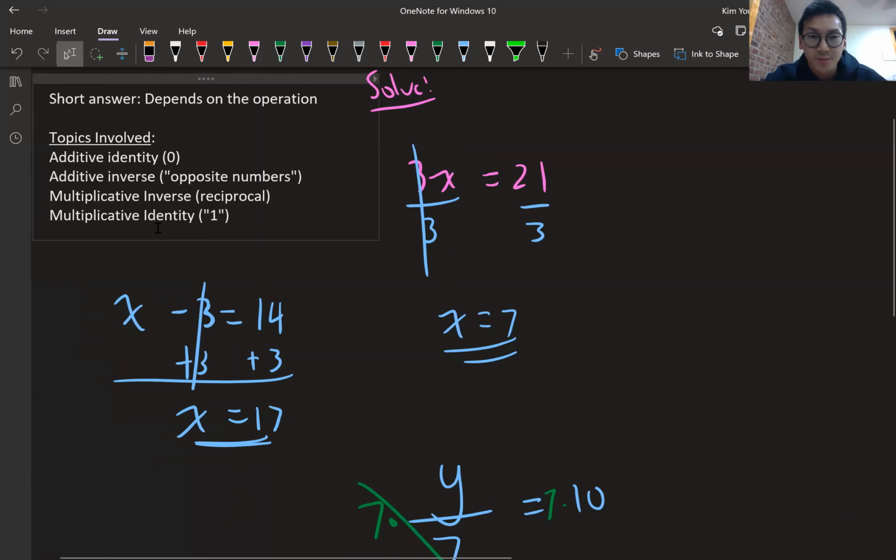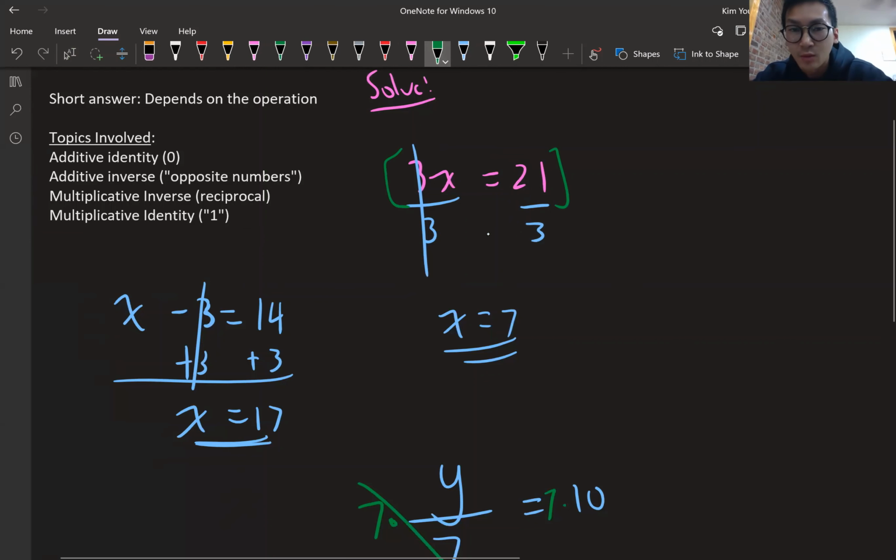But in the first example, when we canceled out the 3's, what was involved was the multiplicative identity. So this turned into 1. It plays a very similar role: when you divide by 3, you're technically multiplying both sides by 1/3, the multiplicative inverse of 3.